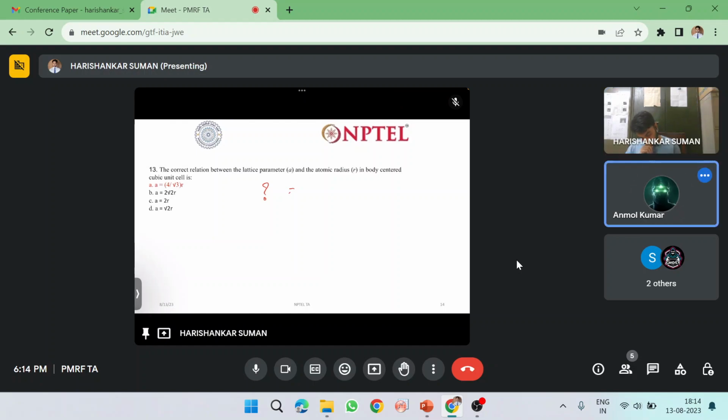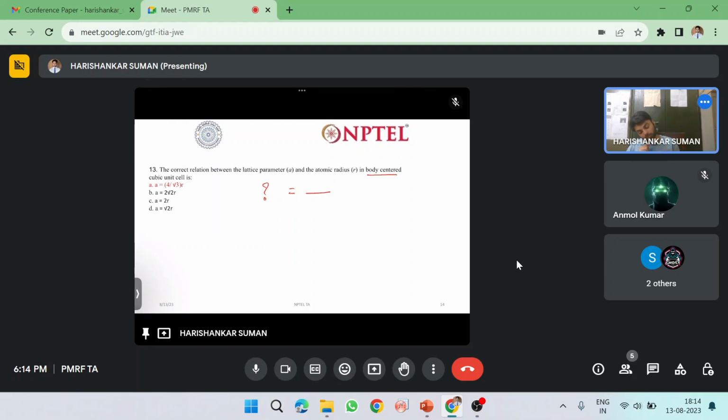Body-centered cubic. What is the formula?